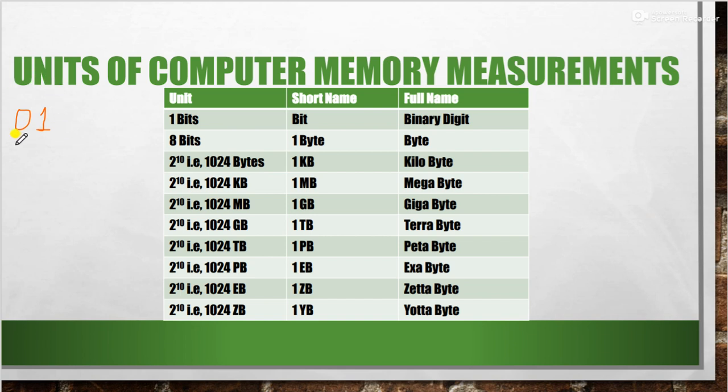Okay, and these digits are called bits. So when we talk about unit of memory, the smallest unit of memory is bit. 1 bit is the smallest value. 1 0 is 2 bits of information, 1 1 is 2 bits of information. Okay, if you are writing 1 1 0 1, then this is 4 bits of information.